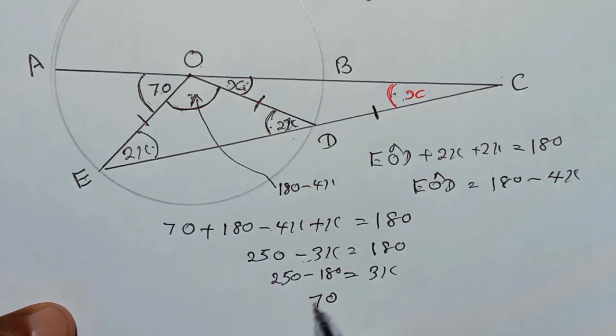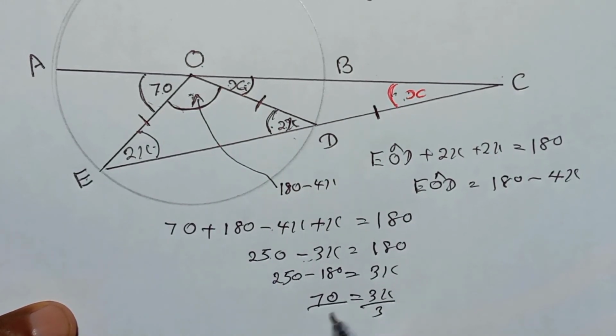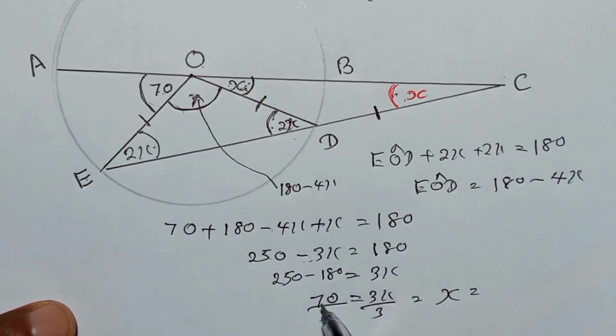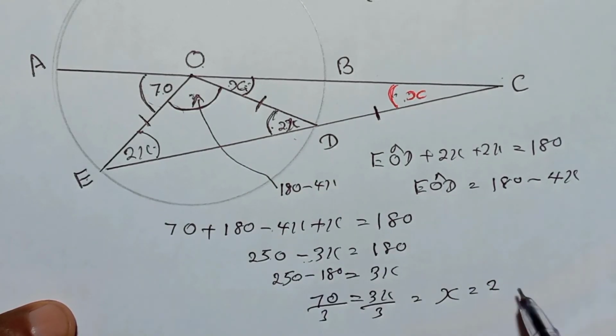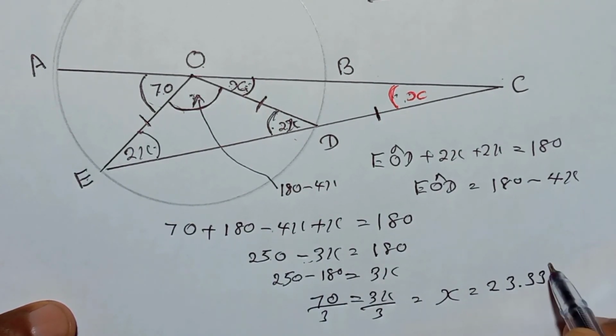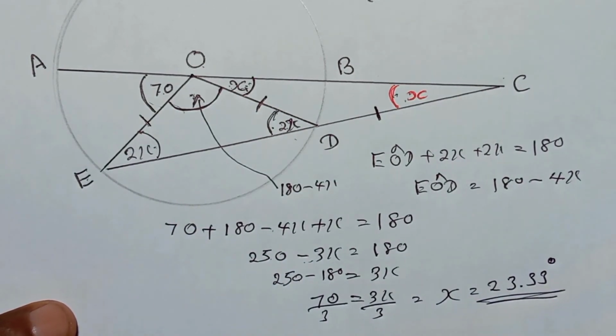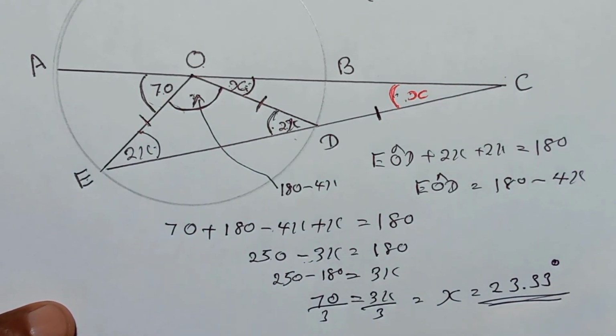So here 3x equals 70. If we divide both sides by 3, for x I will get a decimal answer: 70 divided by 3 is 23.33, a recurring decimal. This is the answer: x equals 23.33.